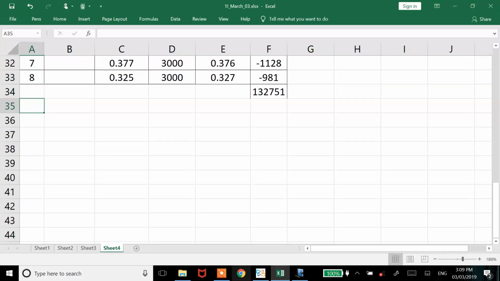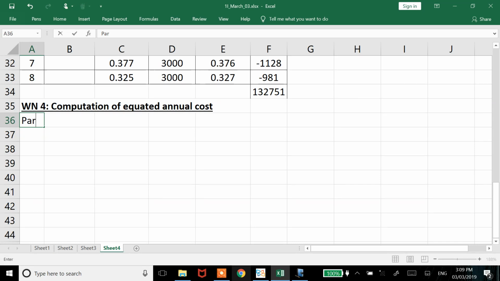Next working note, computation of equated annual cost.